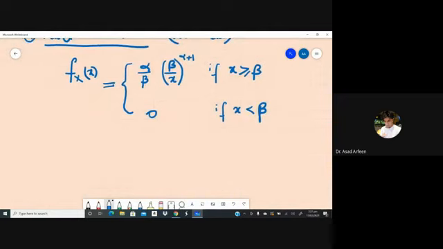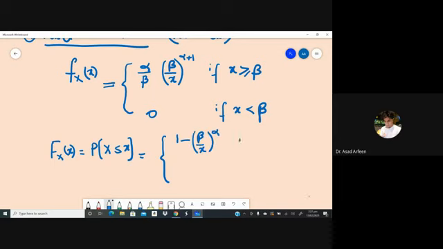Its CDF, the probability that the random variable x is less than or equal to x, is 1 minus beta over x to the power alpha if x is greater than beta, and 0 if x is less than beta.